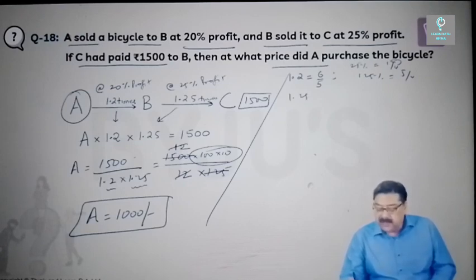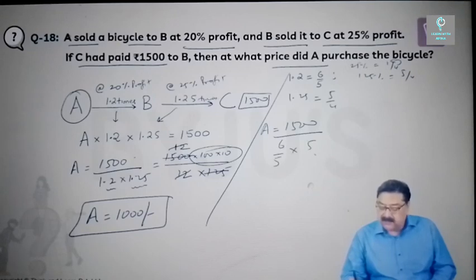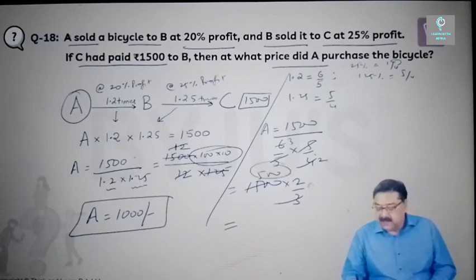So 1.25 fraction equivalent shall be 5 by 4. Now your calculation becomes A is equal to 1500 by 6 by 5 into 5 by 4. These two cancel. This becomes 3, this becomes 2. So it becomes 1500 into 2 by 3. Cancels, becomes 500. 500 into 2, you still get 1000.